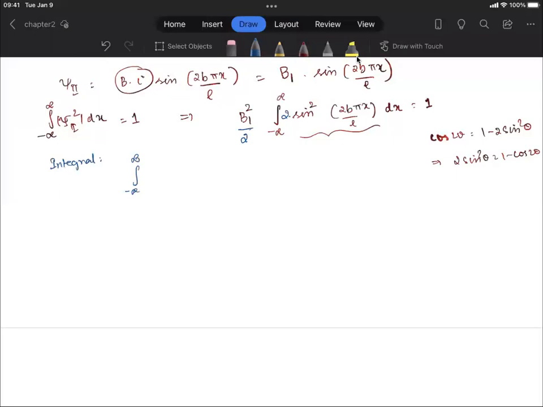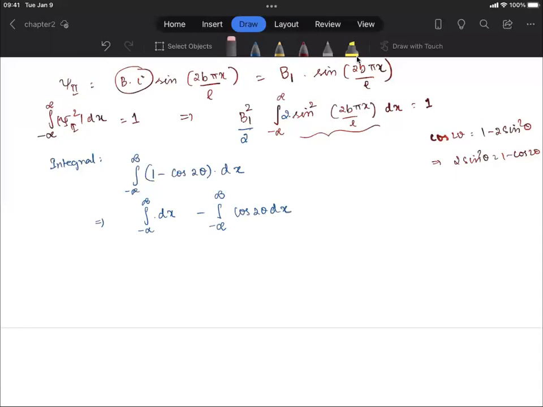That shouldn't change anything. So the integral of 2 sine squared theta is going to be the integral from negative infinity to infinity of dx minus cos 2 theta dx.